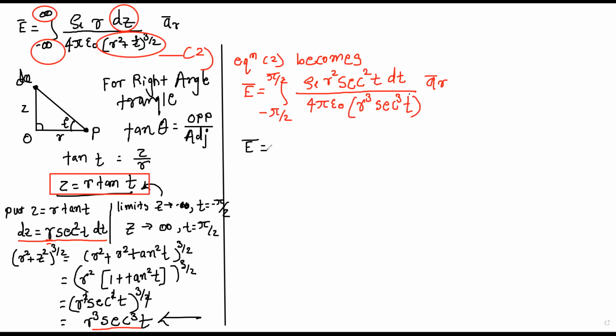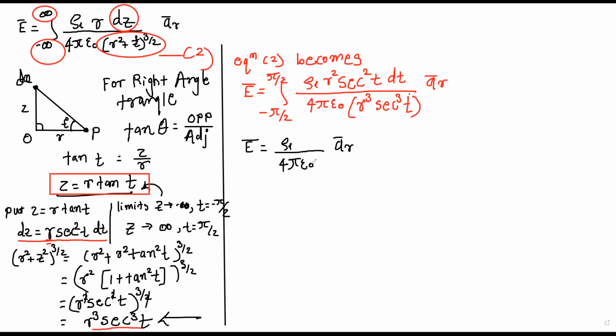E bar is equal to, the constant terms I will take outside of integration. Constant term means rho L will not change. Rho L is constant. Then this direction would remain there throughout the term. So a bar r I will take out. 4 pi epsilon naught will not get changed.